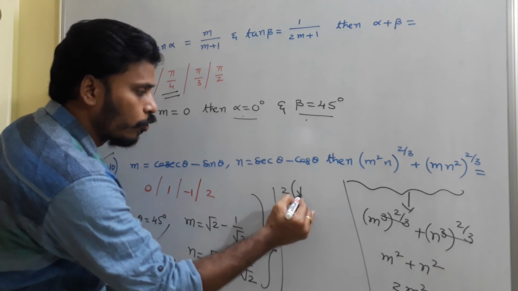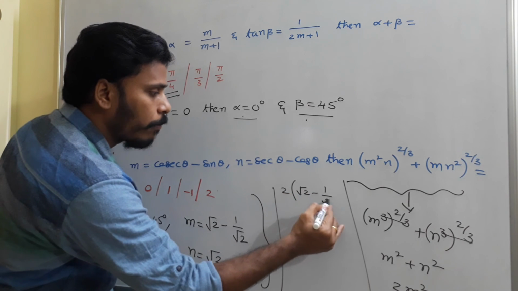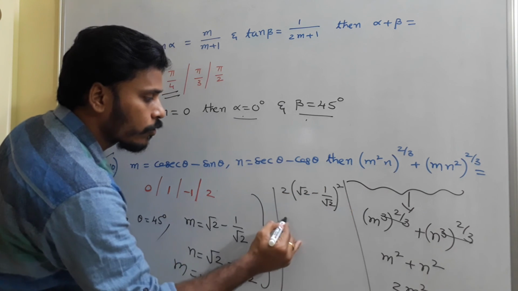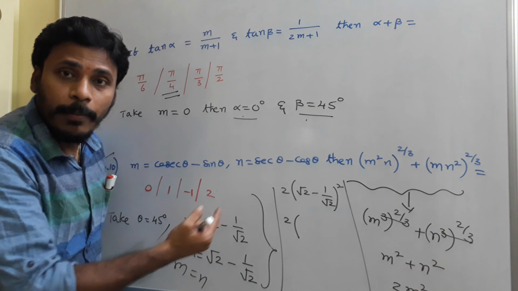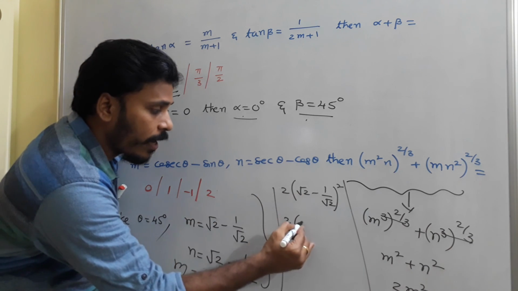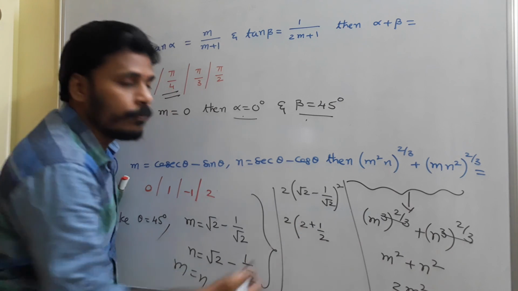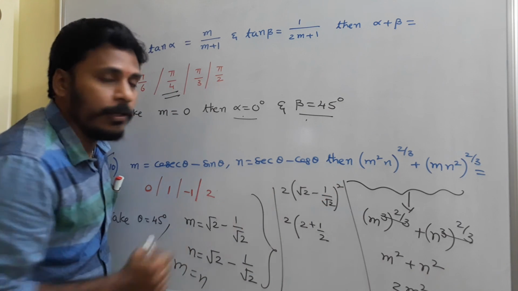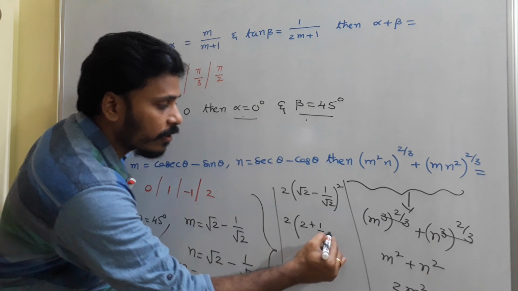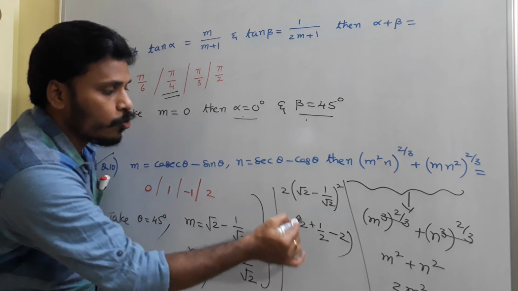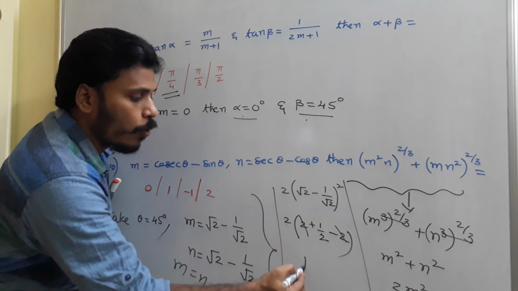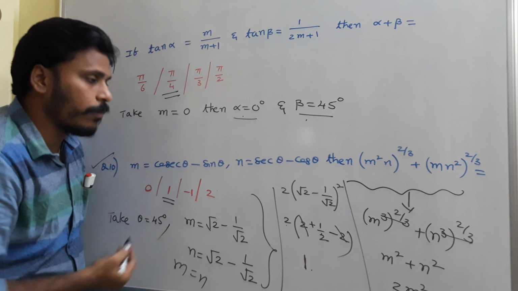So 2 into root 2 minus 1 by root 2 whole square. So 2 into, you just go with a minus b whole square. Root 2 square is 2. 1 by root 2 square is 1 by 2, and minus 2ab is simply nothing but minus 2. This 2 and 2 again cancel. 2 into 1 by 2 is 1, and your answer for the problem is 1.